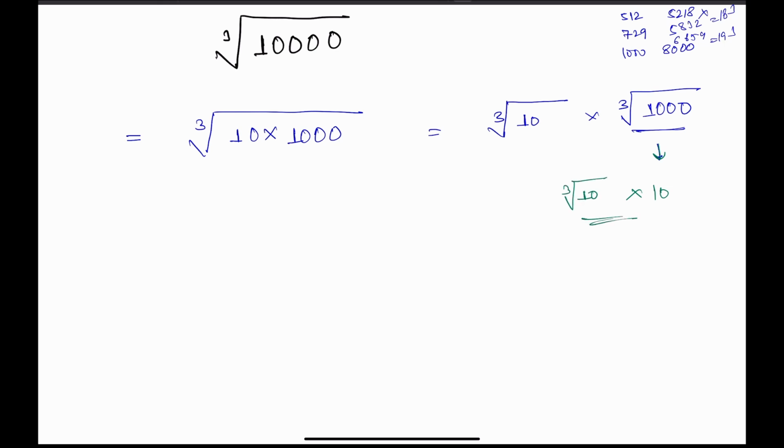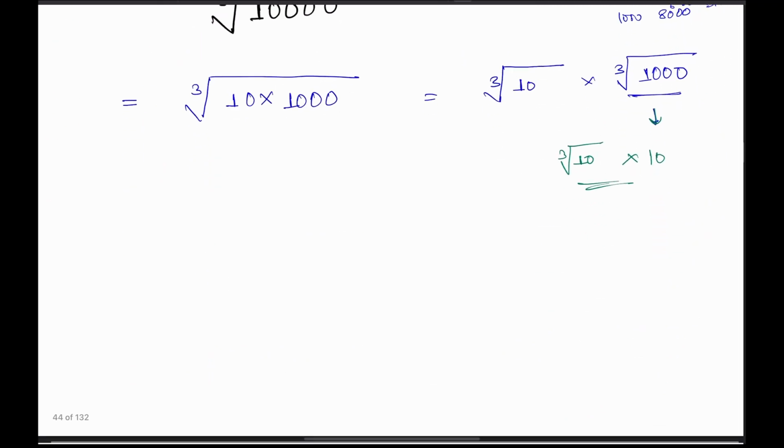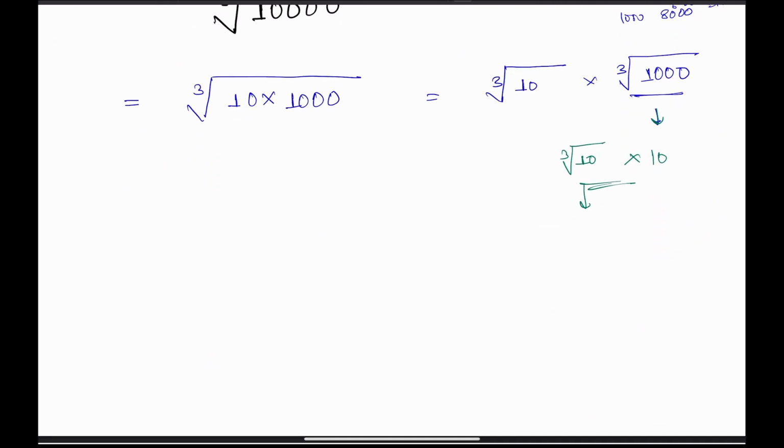Can you see how we have brought it close? We know that 2 cube is 8, and it's asking which value cubed will be 10, so I can say it's more than 2. Let's take 2.1 or 2.2.